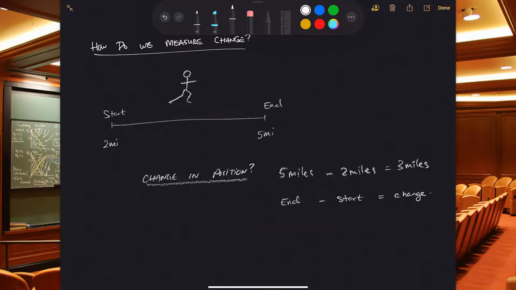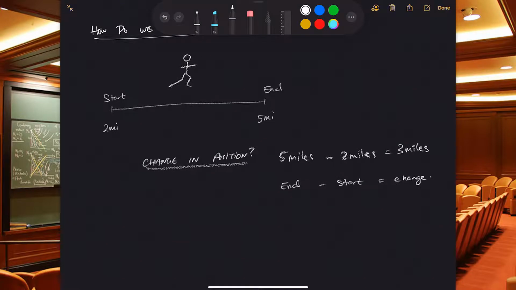And how we use this idea in mathematical notation, for change we use the symbol delta. Okay, so we might say the delta in position P is equal to P2 minus P1. Right? If this is position 2 and this is position 1, then this is the change in P. So that's what we mean by this delta.